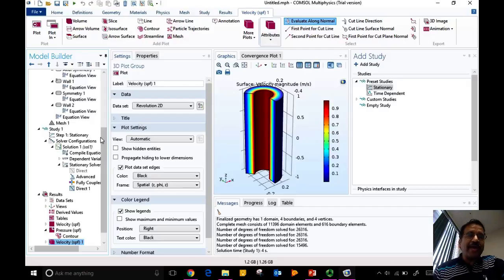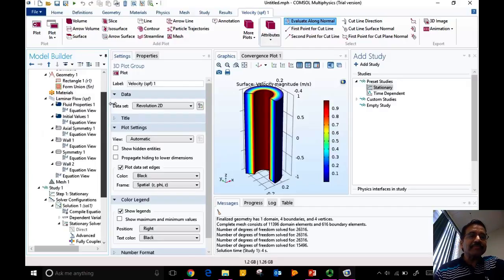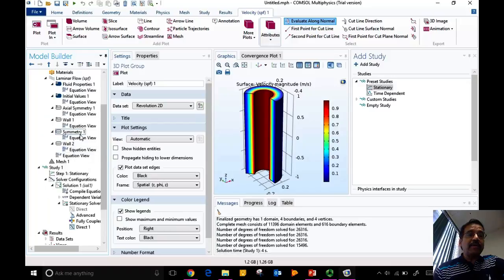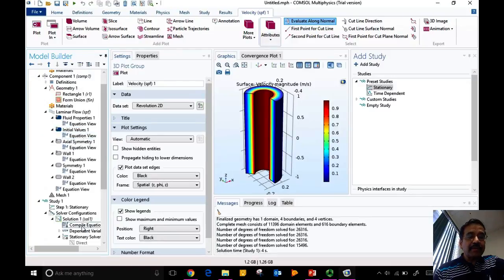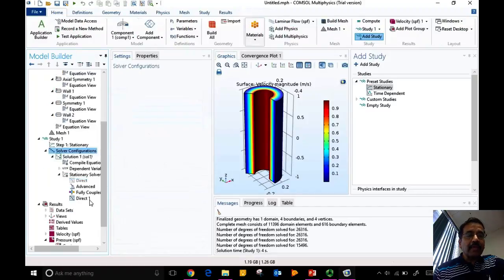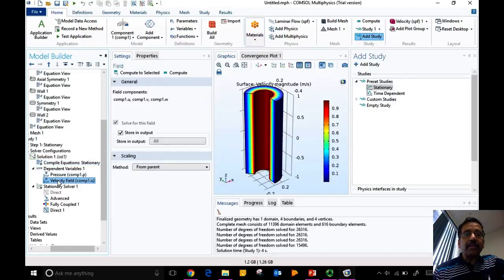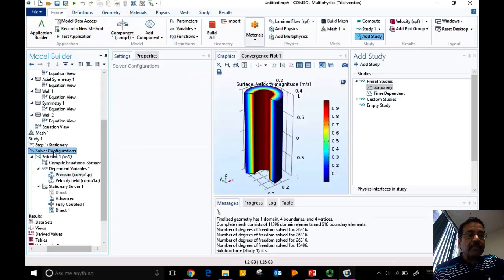Okay, let's now try to answer your question. We can go into the results and just try to save the current one. Solver configuration. Yeah, so that's the folder that has these solution parameters, right? And here pressure and velocity field. So I think all these values would be in the results section.